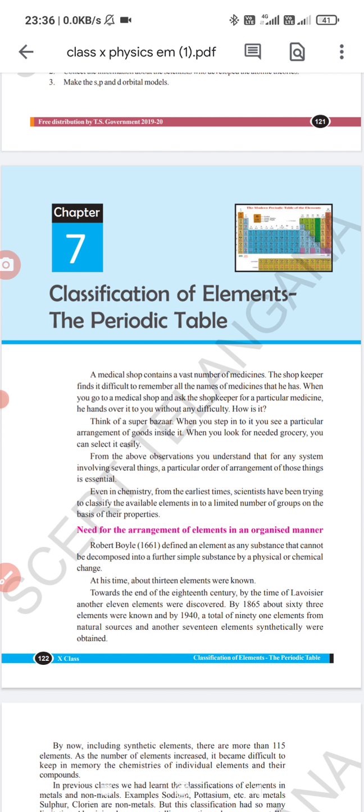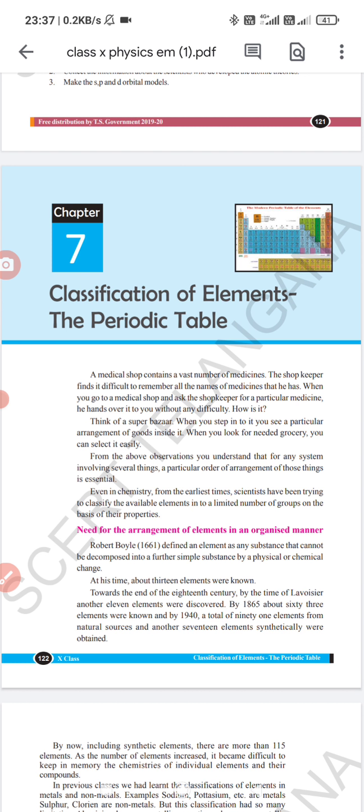Even in chemistry, from the earliest times, scientists have been trying to classify the available elements into a limited number of groups on the basis of their properties. About this paragraph, you will understand in the further topics about properties of elements.